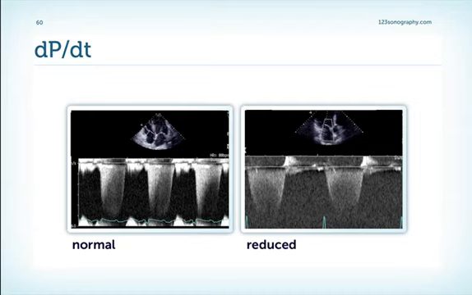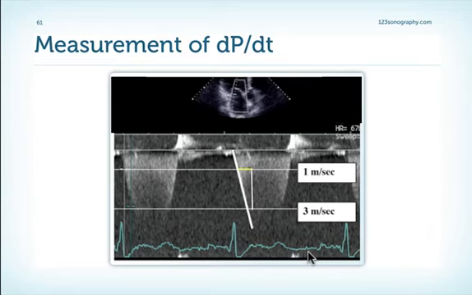So these are two mitral regurgitation signals. On the left-hand side, a patient with a normal dP/dt. You can see that the steepness of the curve is fairly steep, opposed to this patient where there is a reduction in the steepness and therefore also a reduction in the dP/dt. We measure between 1 and 3 meters, the time interval, and then plot this into the formula, and then we get dP/dt.